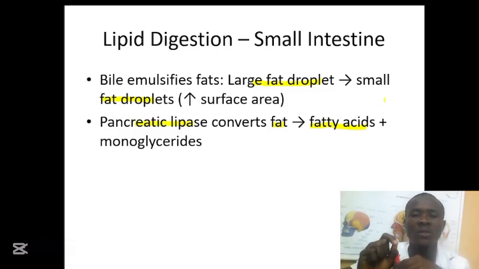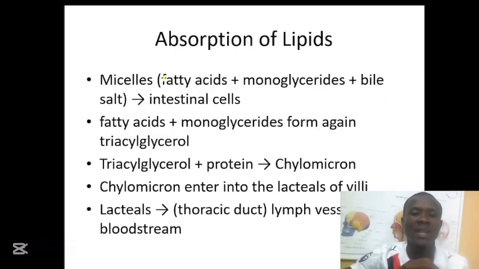So now let's talk about absorption of the fatty acids and the monoglycerides. The fatty acids and monoglycerides will combine with bile salts in order to form what we call a micelle. This micelle will enter into the intestinal cells by absorption. In the intestinal cells, the fatty acid and monoglyceride will form again what we call triacylglycerol.